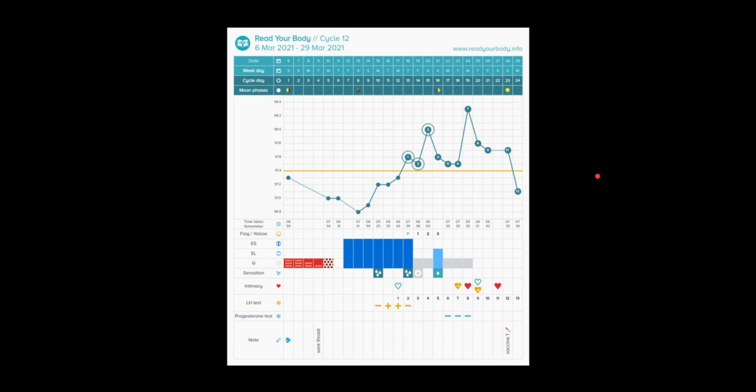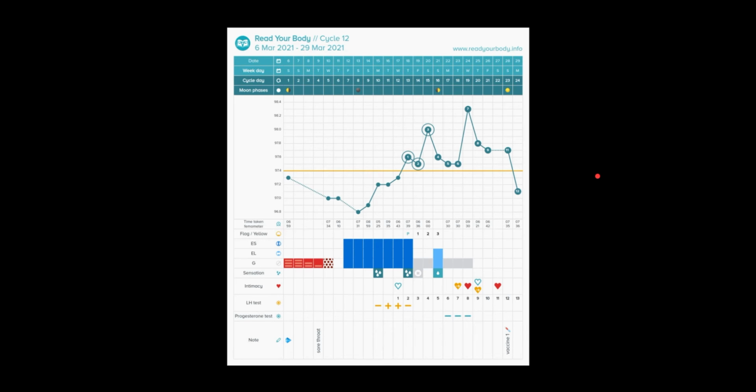As a whole, what we're seeing here on this chart is a whole entire cycle. On the left, you can see those little red squares, and those indicate menstruation. It goes all the way through the cycle until the right side, where we're reaching the end of that whole entire cycle. In this case, it was a 24-day cycle.